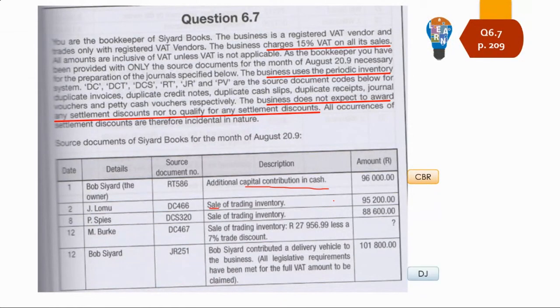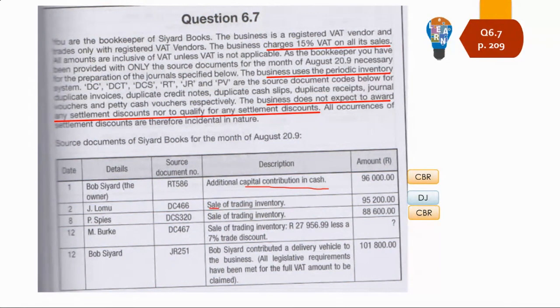Okay, to DJ, that's correct. So DC 466 goes to DJ, DCS would go to CBR. The second one would have gone to CBR. Okay, let's go fill this in.